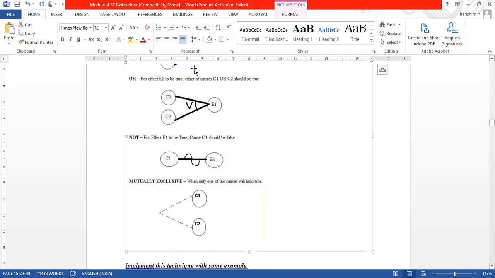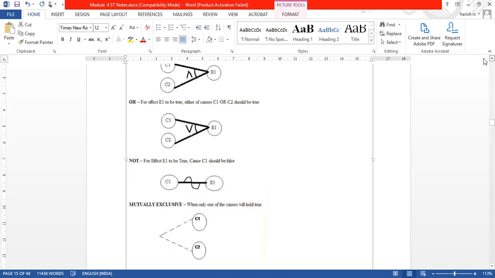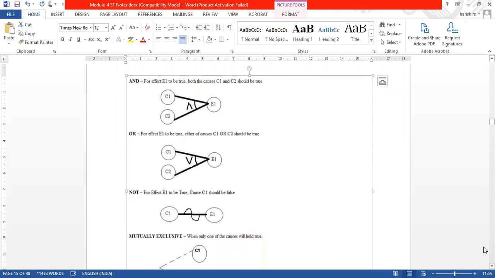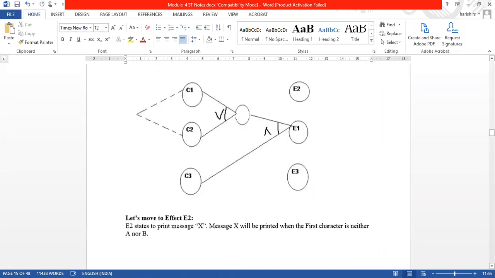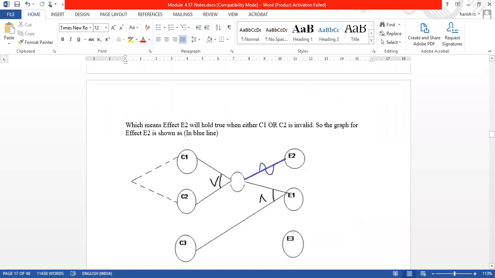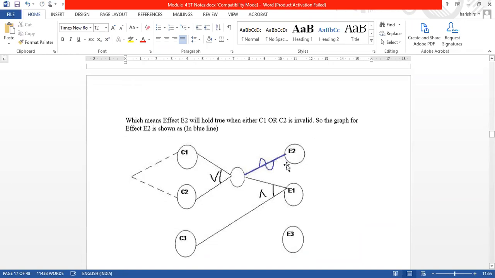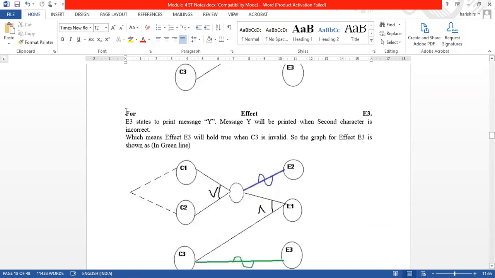To represent and, it's like this. So this is for not. So for effect E2 to happen, the true condition actually should be false. It should be neither A nor B. So that should be the effect of E2.